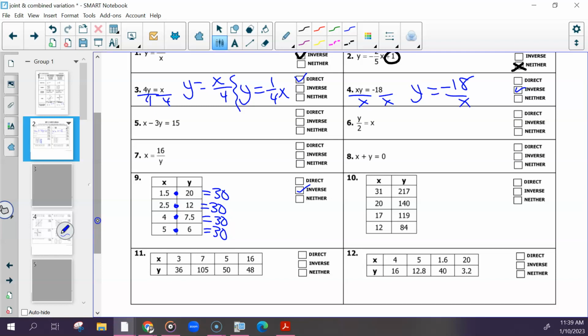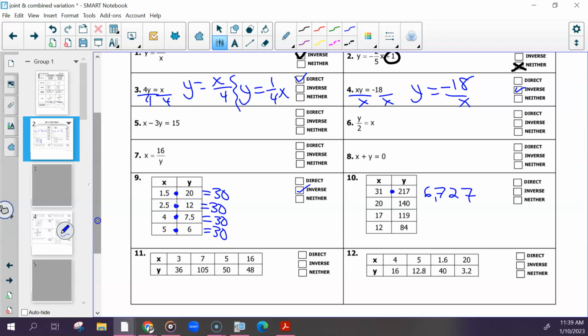Okay. We'll do one more of these and then questions, and then we'll do some more. Let's do 10. Same thing. Let's try to multiply them like we did before, see if we get the same result. 31 and 217. What would that give us? 6727.